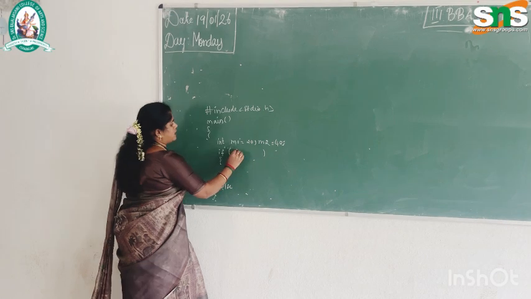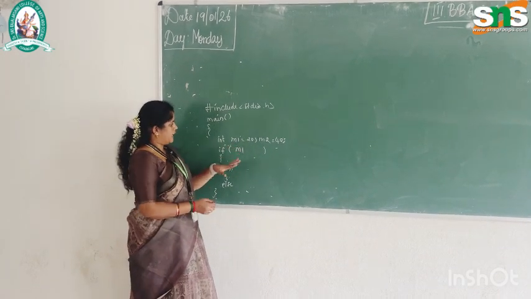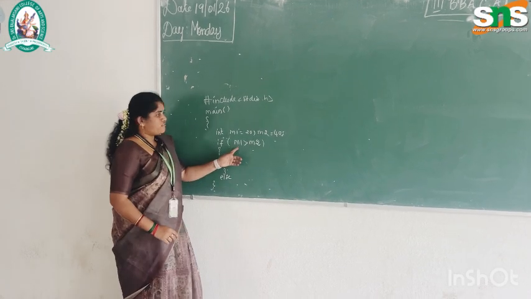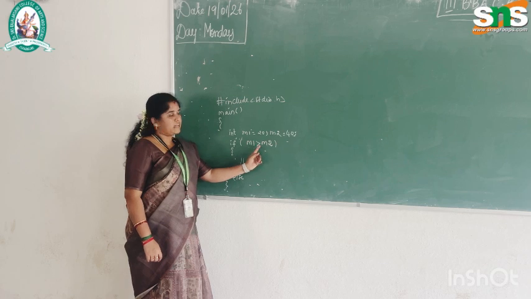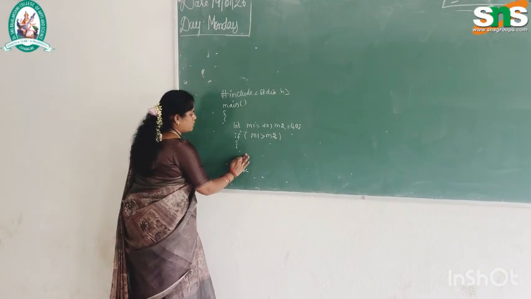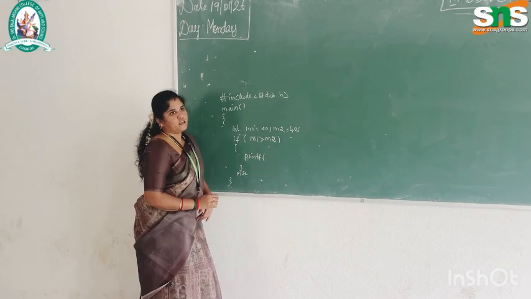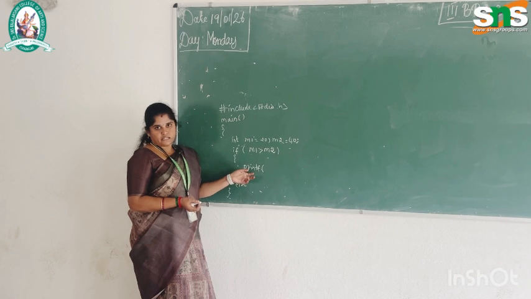I am giving the condition that the m1 value is greater than m2. If this condition is true, I have to give the message that m1 is greater. We display messages to the user through printf statements only.